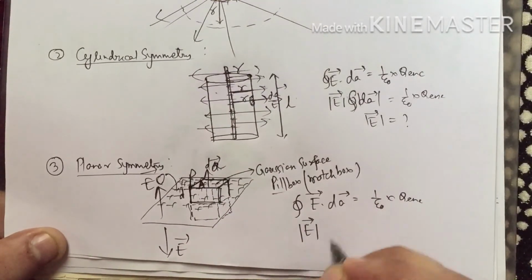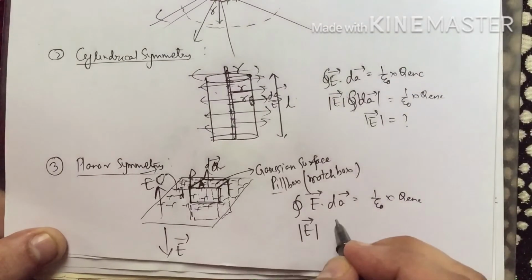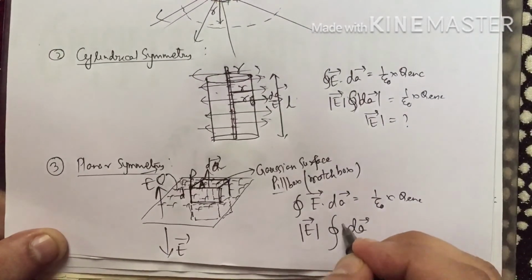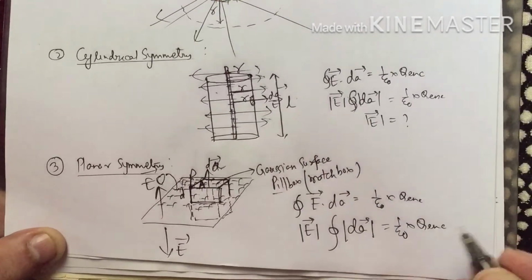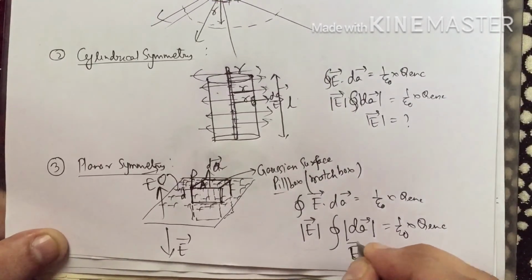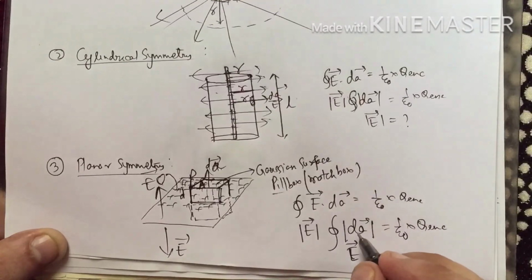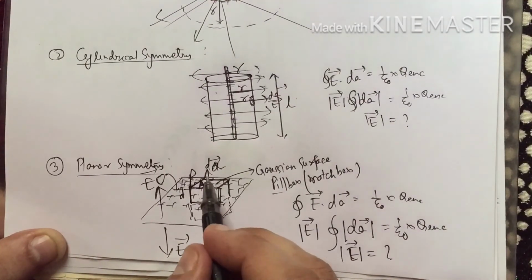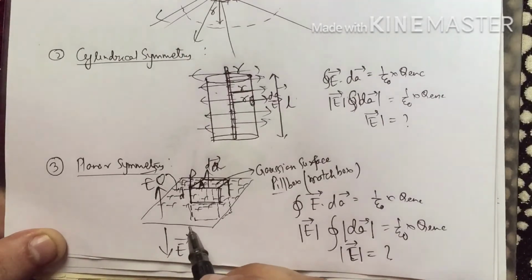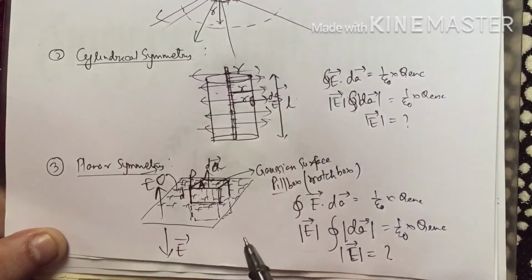So the magnitude of electric field will be constant, it will come out of the integral, and we are left with the magnitude of dA, and this equals 1 by epsilon naught times the charge enclosed. Hence solving this integral of area, we will have the electric field for this planar symmetry above the plane sheet.